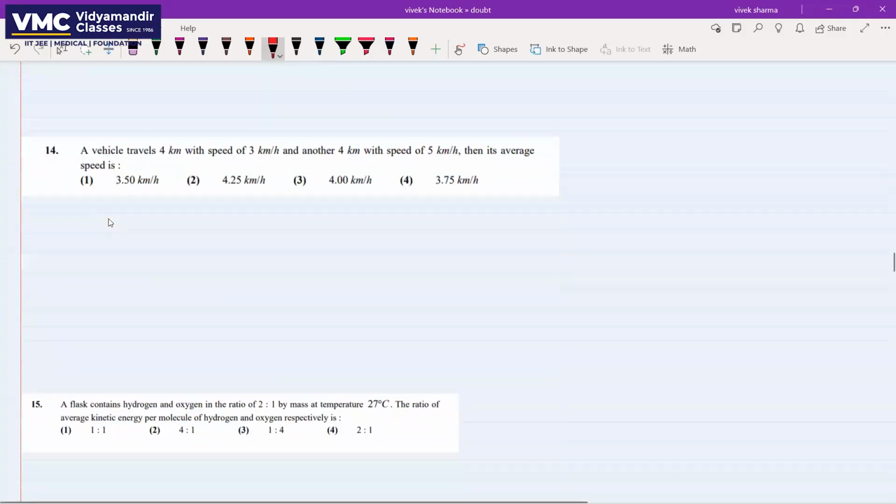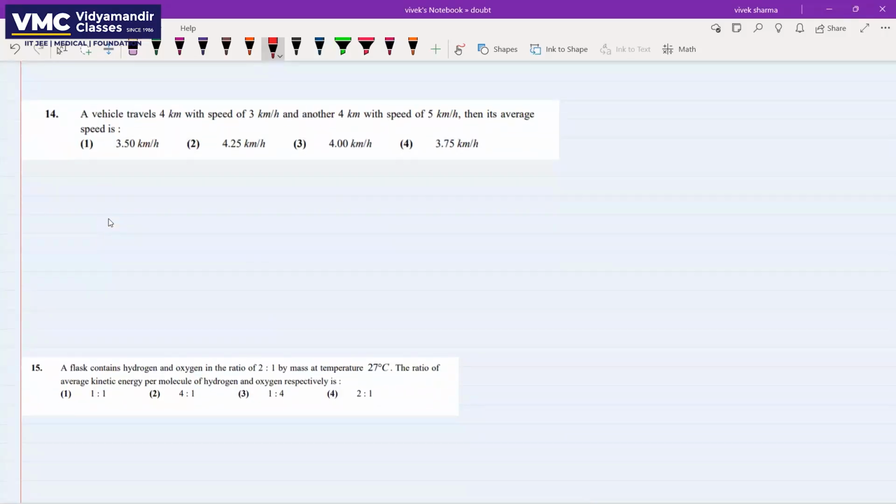Now moving to question number 14. It says a vehicle travels 4 kilometers with a speed of 3 kilometers per hour and another 4 kilometers with a speed of 5 kilometers per hour, then find its average speed. As we know, average speed is total distance divided by total time.